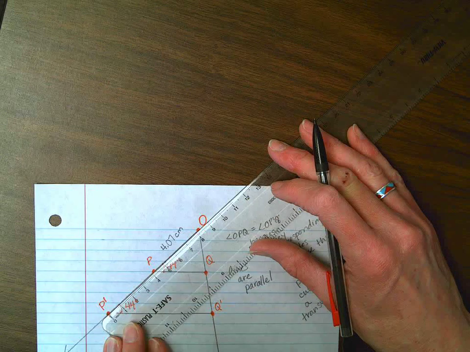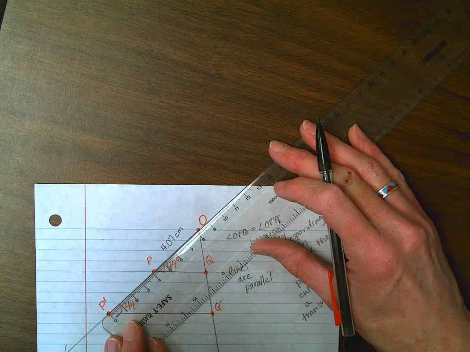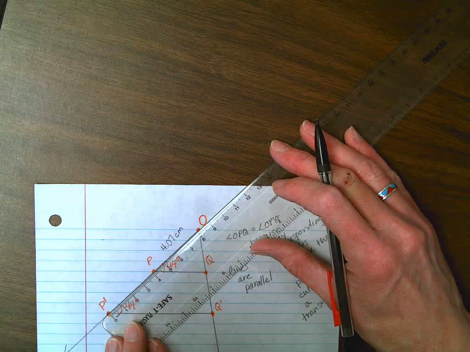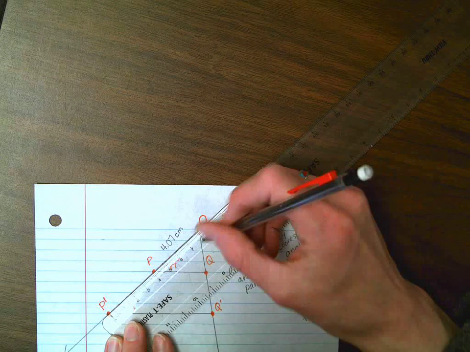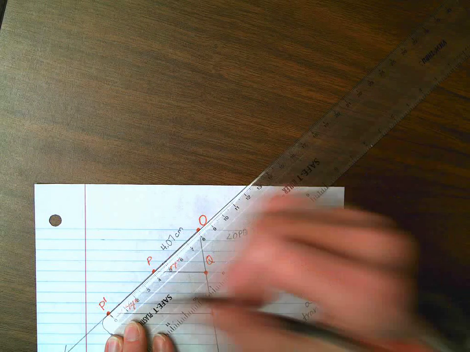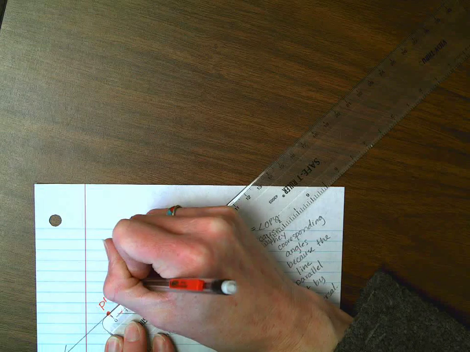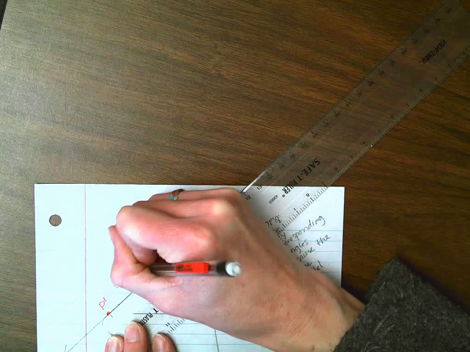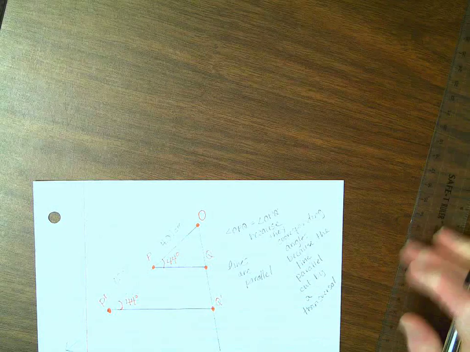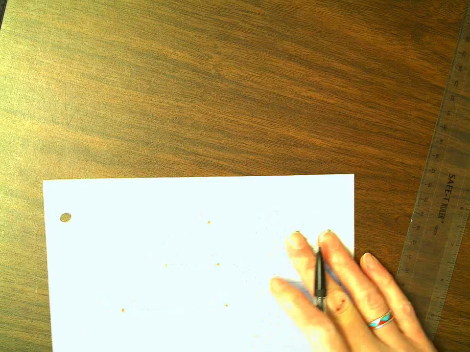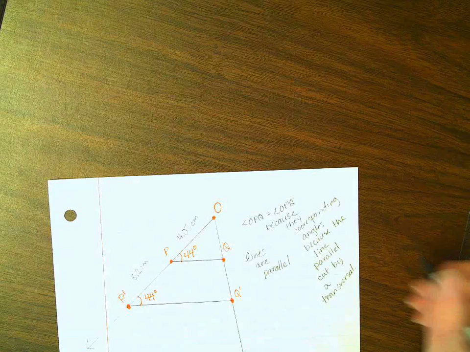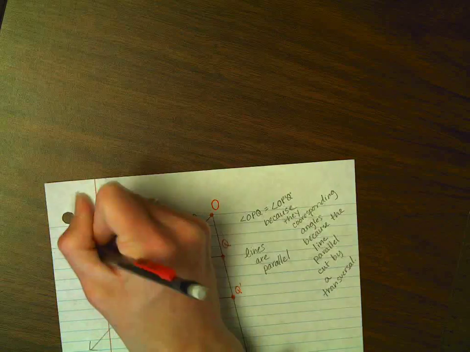On this one, OP and then OP prime. Make sure that I get it lined up right exactly where it's supposed to be. And on this one, I got 8.2 centimeters. Okay, so because we're off a tiny, tiny bit in the in-between, what did we say the scale factor was?